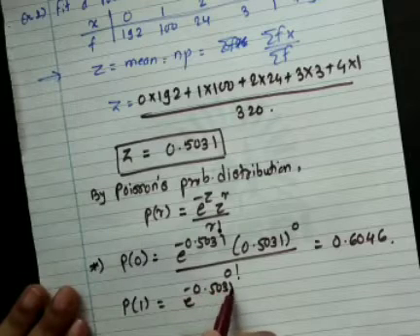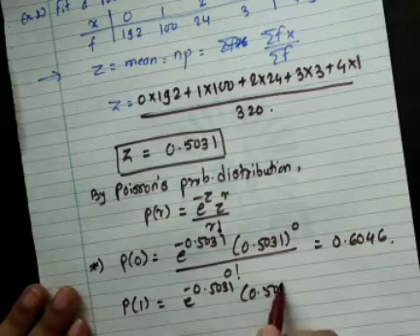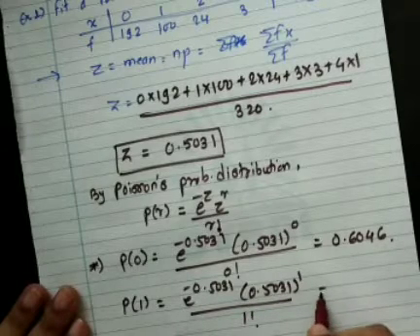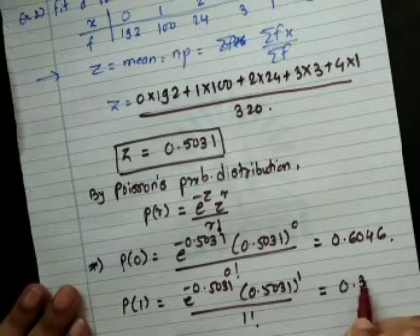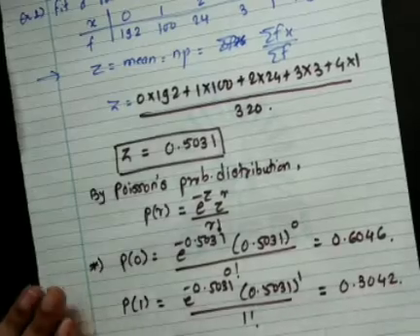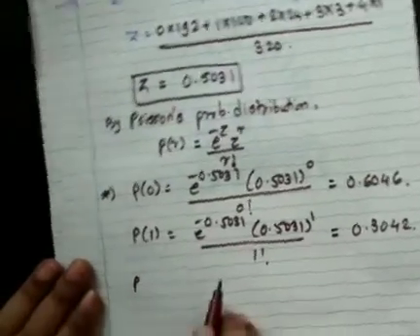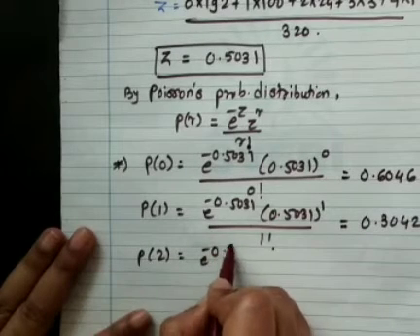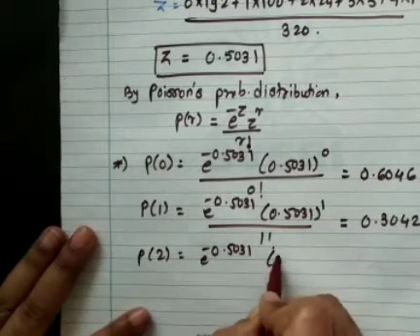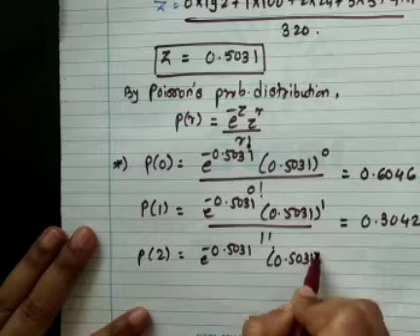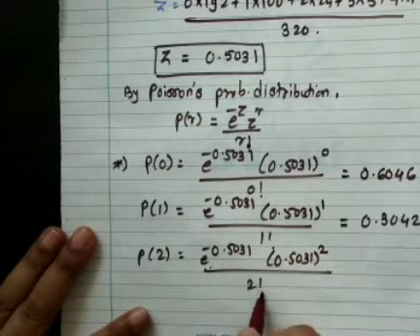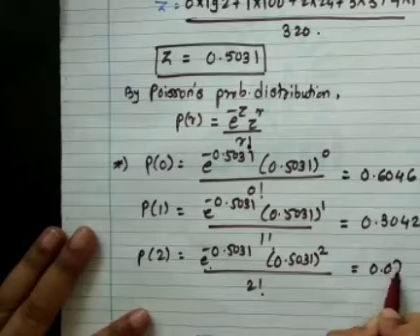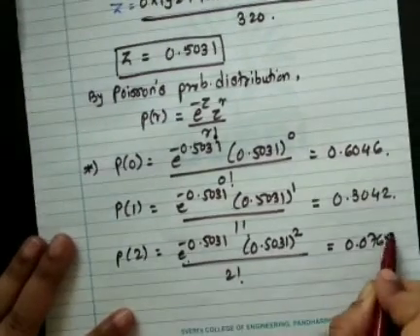Next, probability of 1, e raised to minus Z, Z raised to R upon R factorial, that is 0.3042. Next, probability of 2 is equal to 0.07652.